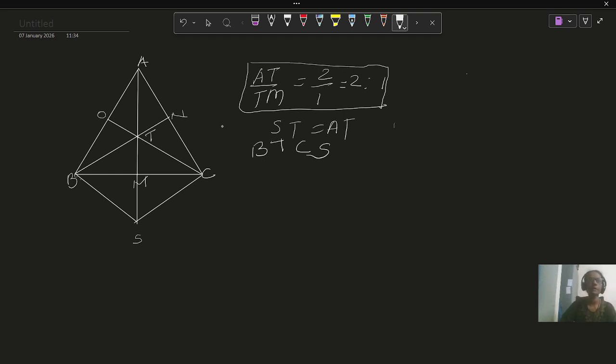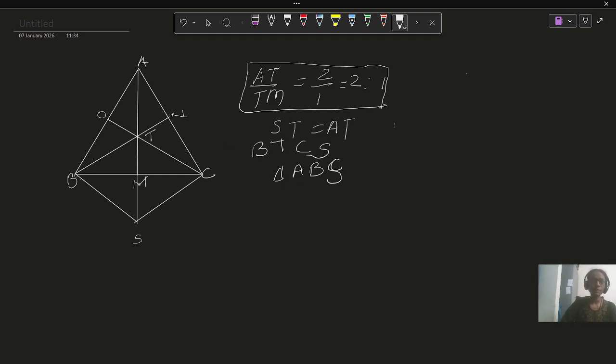For example, you can take triangle ABS. You very well know about the midpoint theorem. What does the midpoint theorem say? It says that if the midpoints of two sides of a triangle are joined, then the line will be parallel to the remaining side.